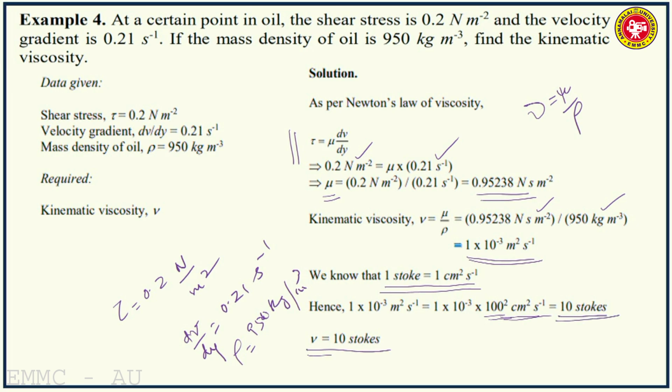So we have kinematic viscosity as 10 stokes, or you can just leave at this level as 10 power minus 3 meter square per second. Suppose if the answer is asked in stokes, you have to convert this meter square per second to stokes like this. I hope you have understood the conversion.